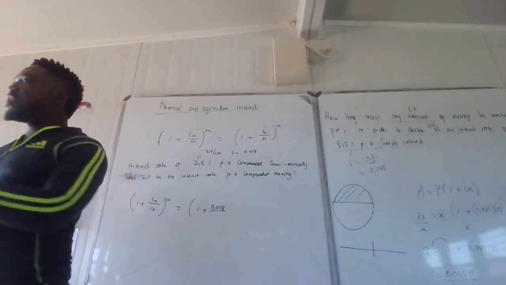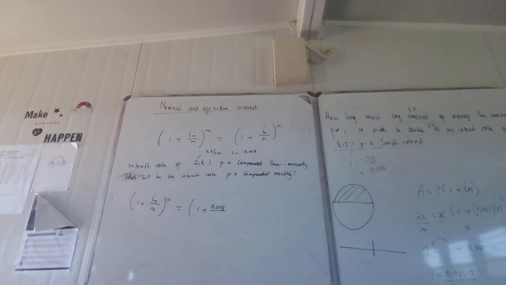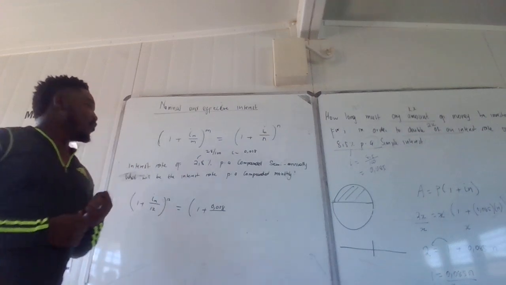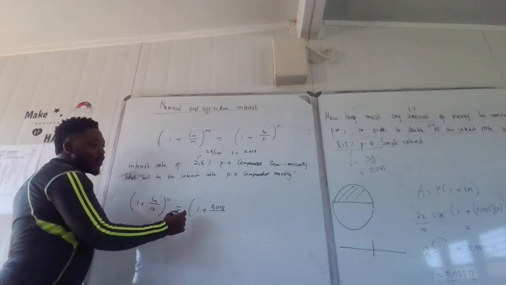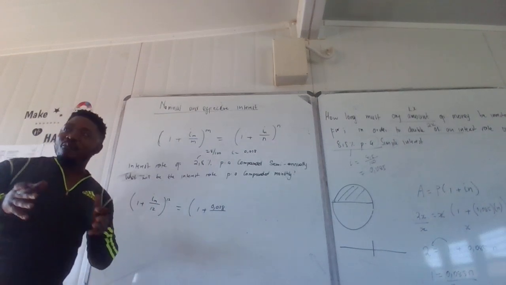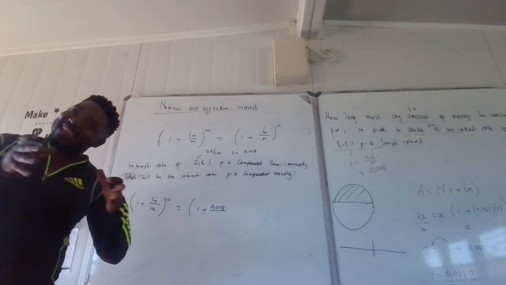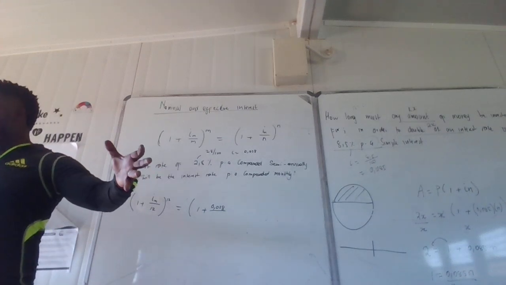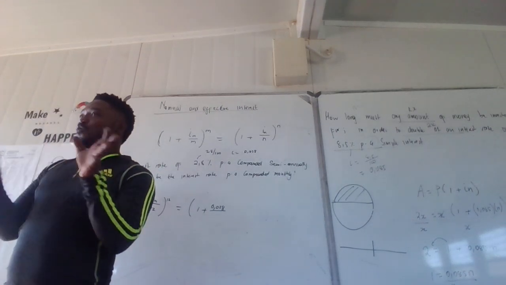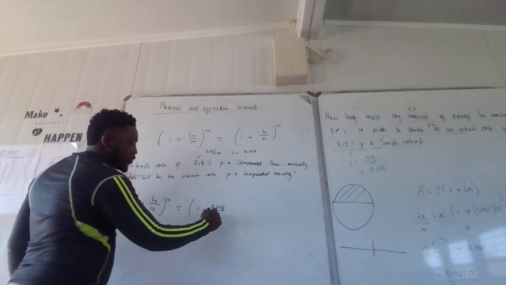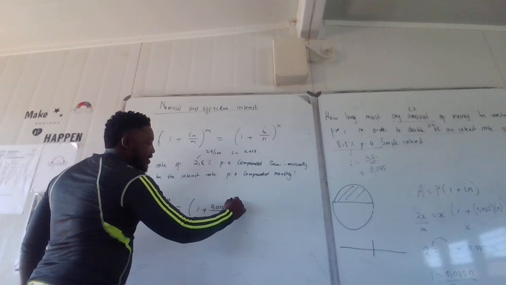So semi means you're going to halve it. So how many semi-annuals are there in a year? There will be 2. Again, I'm cutting the year into 2. So there will be 2 semi-annuals. So I'll divide this by 2, then raise it to 2.